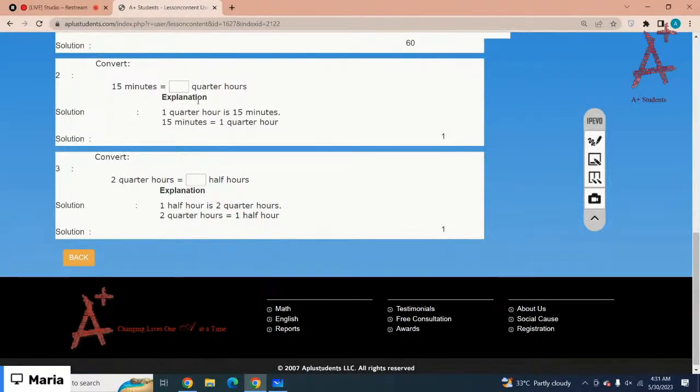Quarter means 1/4 hour. And 2 quarter hours equal 15 minutes and 15 minutes. So 15 plus 15 makes 30 minutes, and 30 minutes equals 1/2 hour. Got it? 15 minutes is 1 quarter hour.